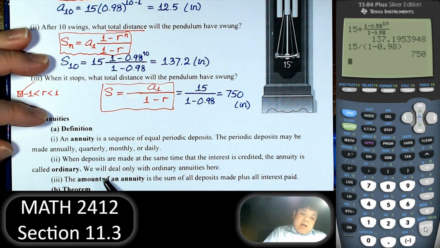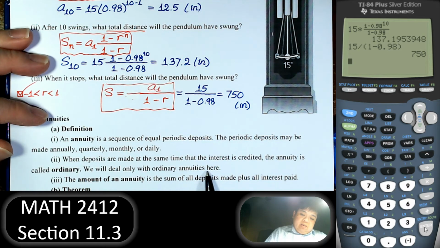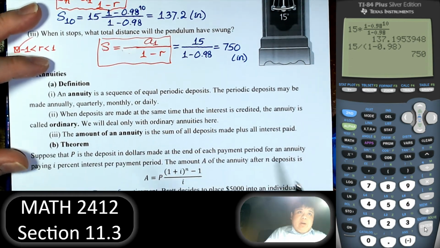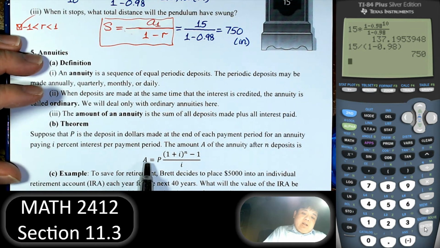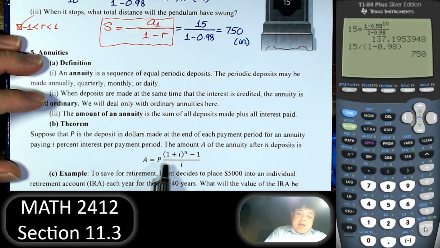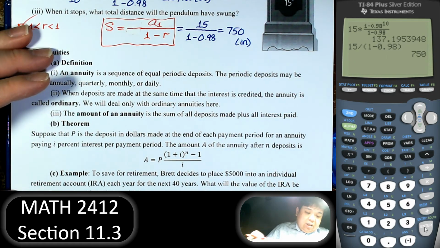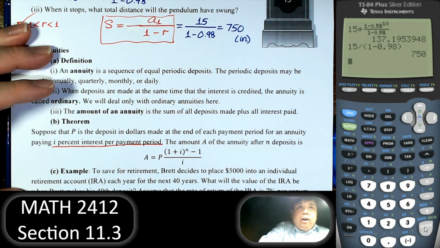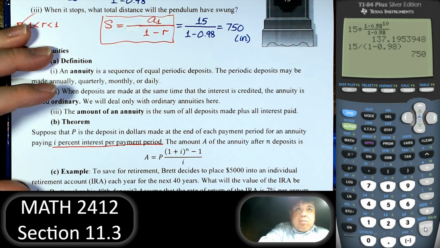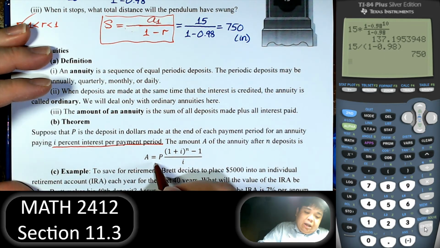When we deal with that, we have the ordinary annuity here. It can be shown that the amount at the end is equal to the payment P times (1 plus i) to the n minus 1 over i, where i is the interest for each payment period, and P is the payment.